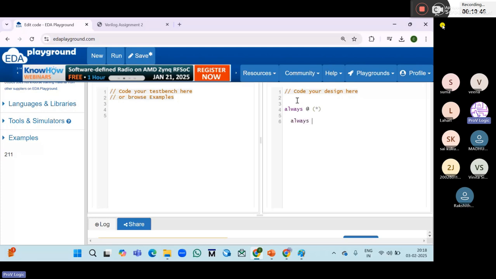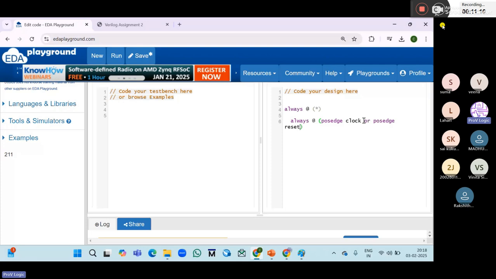But in sequential logic circuits, we will mention always @(posedge clock) or negedge clock. If you want to change the output with respect to the positive edge of the clock, you put posedge clock. If you want to change the output with respect to the negative edge of the clock, we put negedge clock. Or posedge reset.